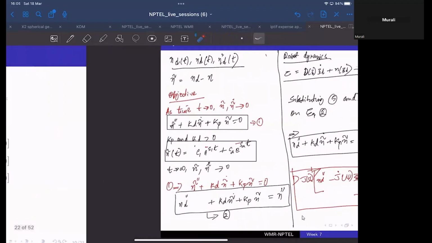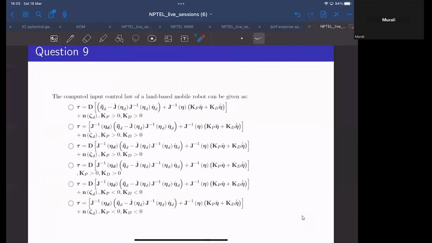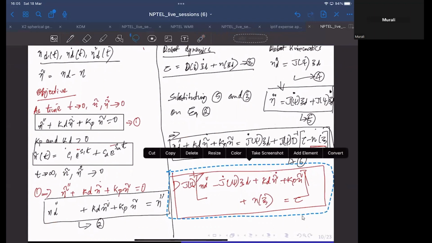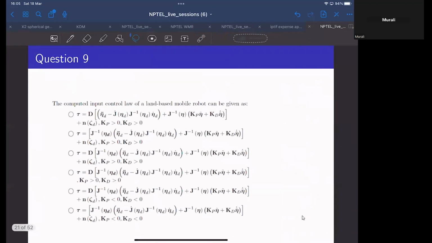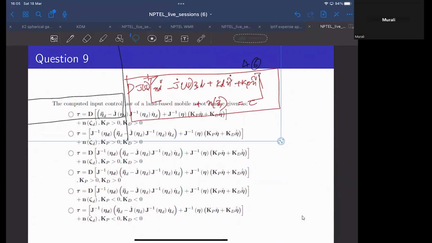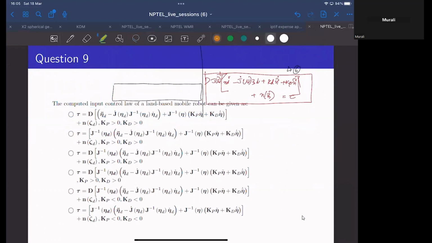So going back to the question, I'll reproduce this entire thing back to the previous one. The option that is most in line with what we have derived so far, is it option 1?